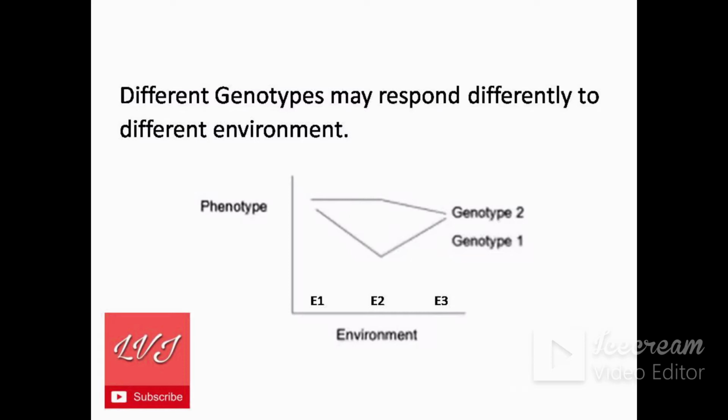You can see that the phenotypic value for genotype 2 is almost the same for environment 1, environment 2 and environment 3. There is a slight increase in the performance of genotype 2 in environment 2.